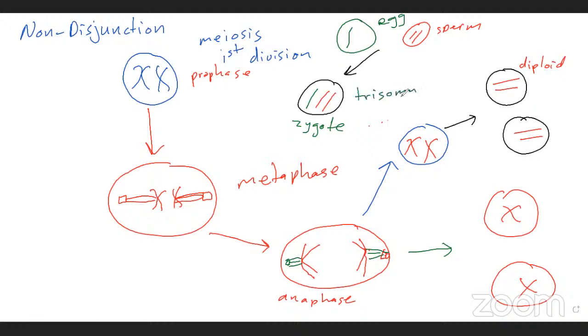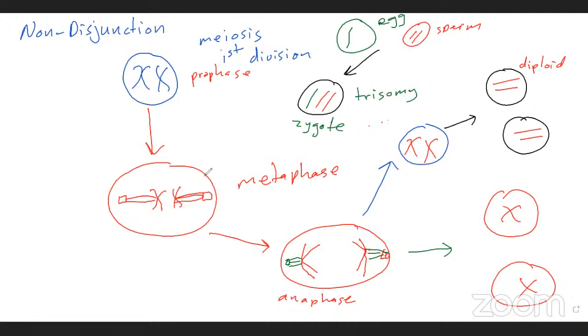If it has three, it is trisomy. Trisomy. All right? One extra chromosome. So Down syndrome has an extra chromosome. The two you need to know about are Down syndrome and Turner syndrome, and they are a result of this disjunction.